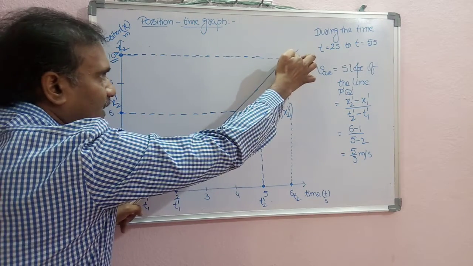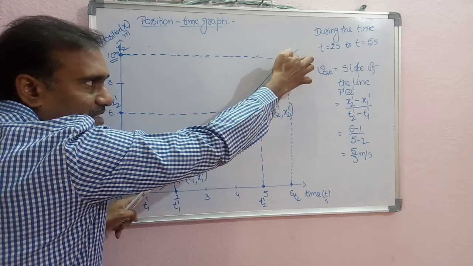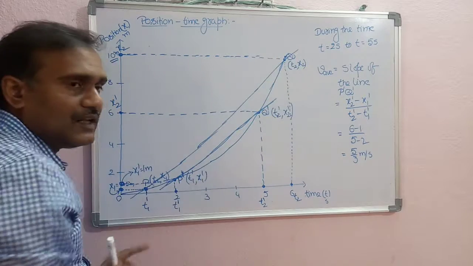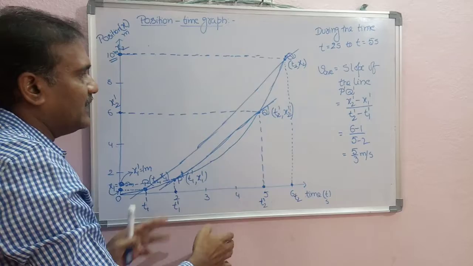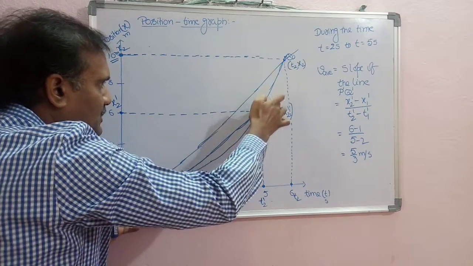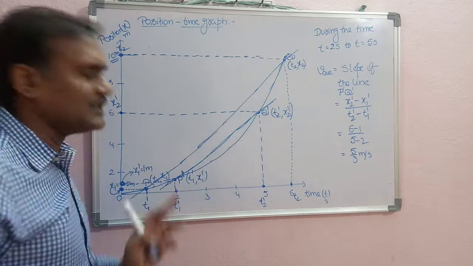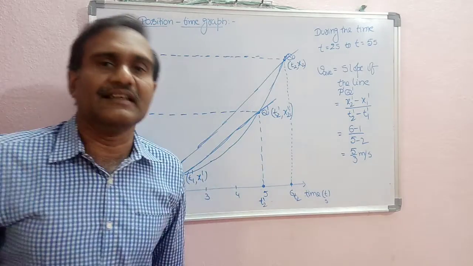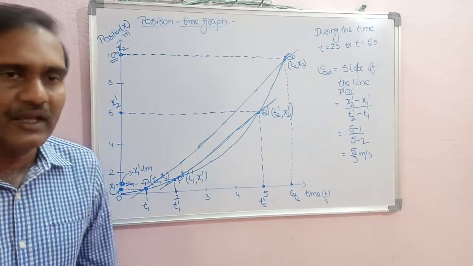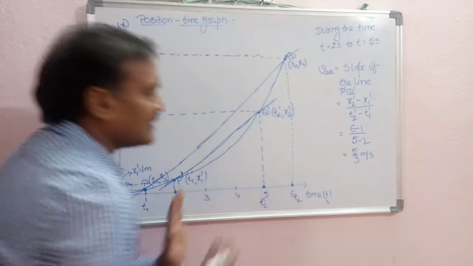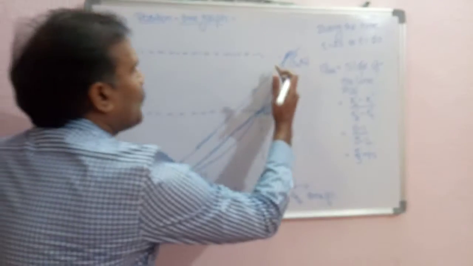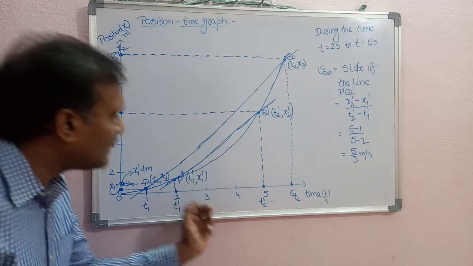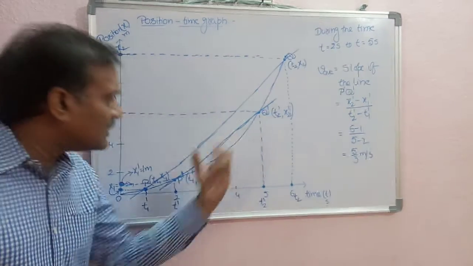Initially P and Q are here in the first example. In the second example, where the time interval decreases, Q reaches this point and P reaches this point. For our convenience, we call them P dash and Q dash. Whatever it may be, if the time interval decreases, the points come close together. Those 2 points approach each other.